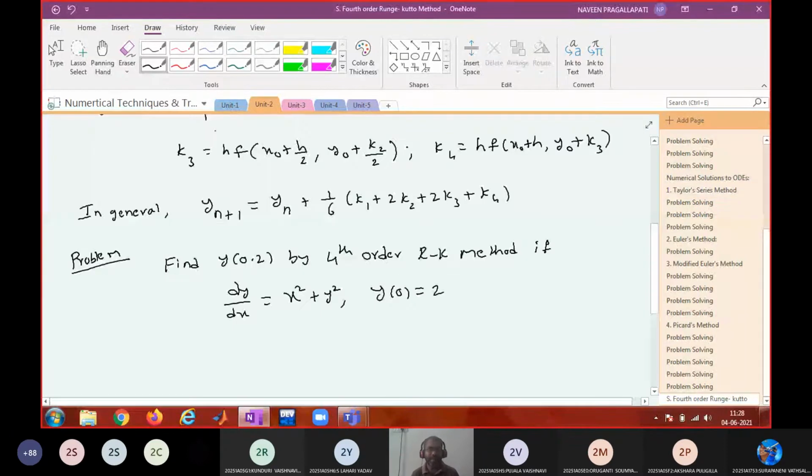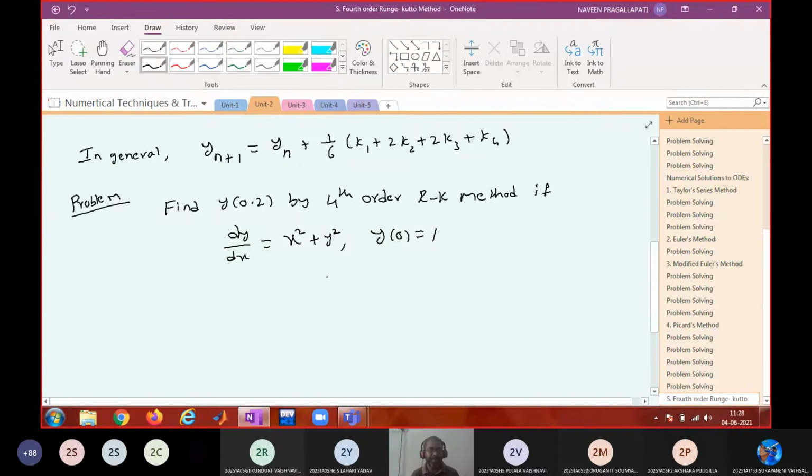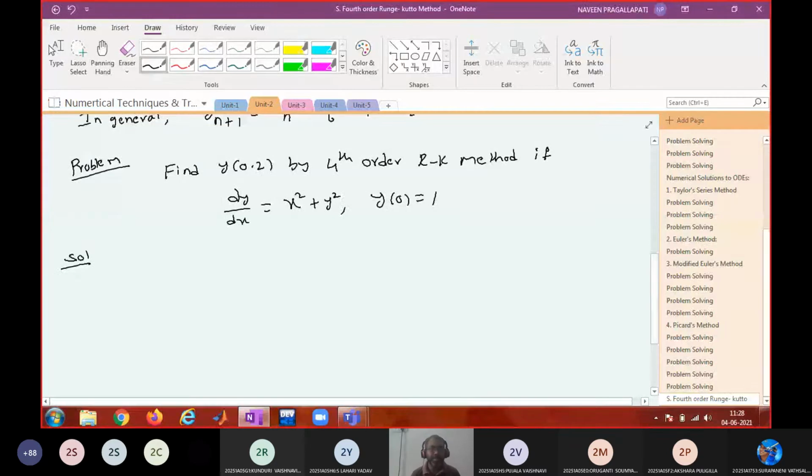So first write down the formula and then find out k1, k2, k3, k4. Apply. So first identify the function.